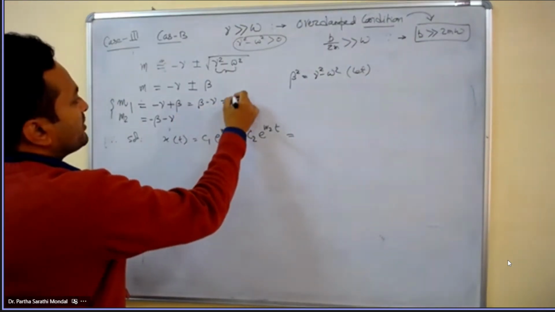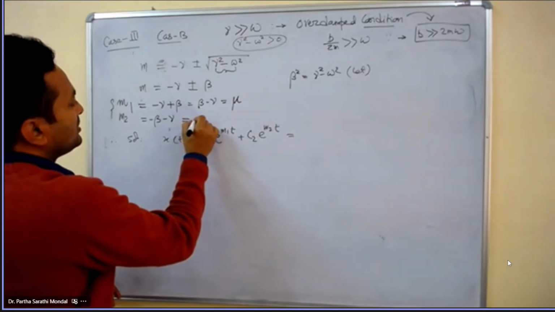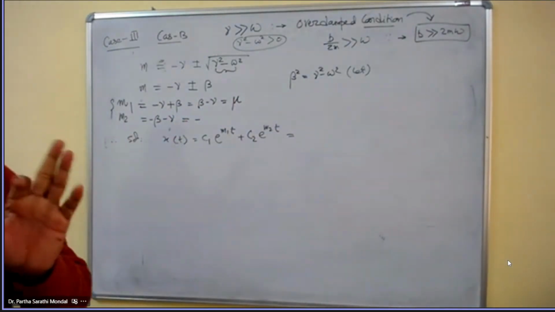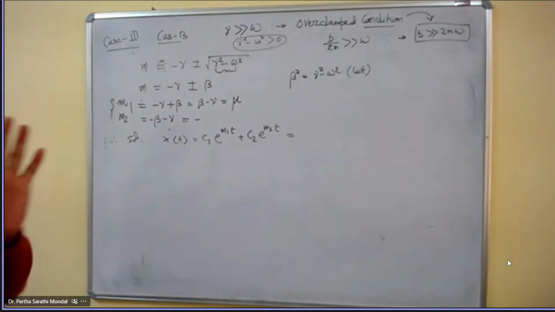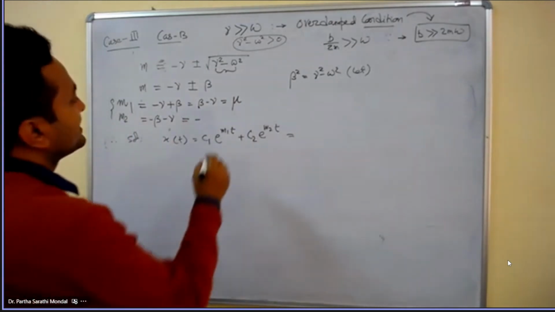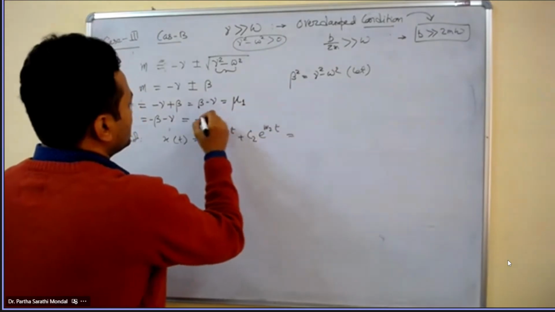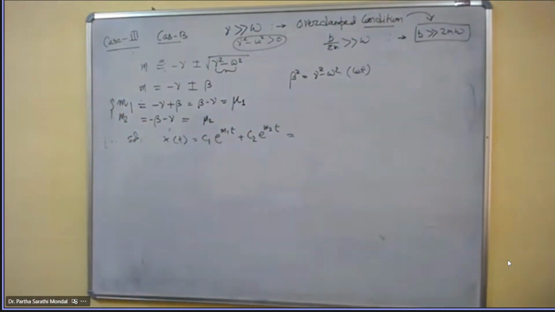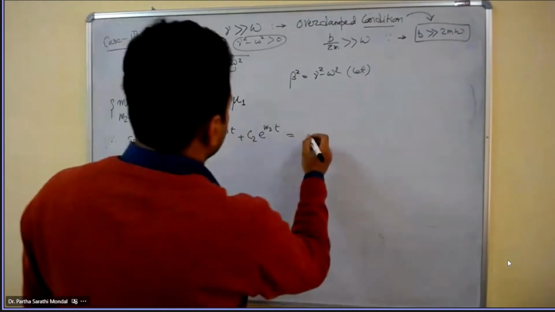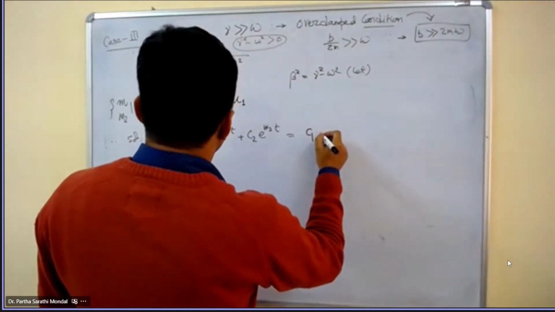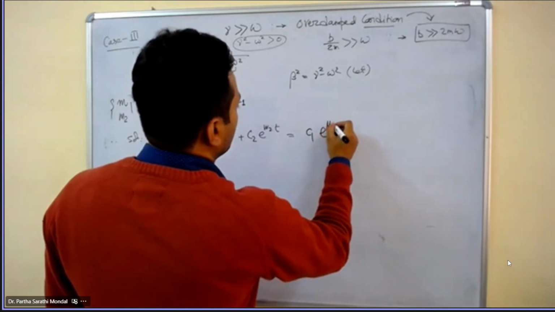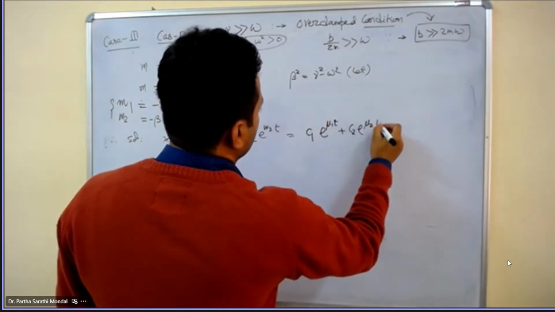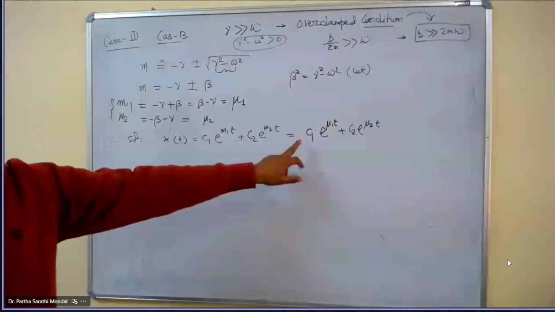Let's say this is mu1 and this is mu2. In this case, it will become c1 e to the power mu1 t plus c2 e to the power mu2 t.